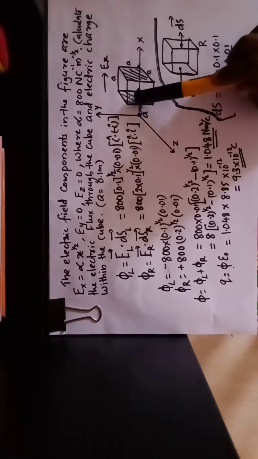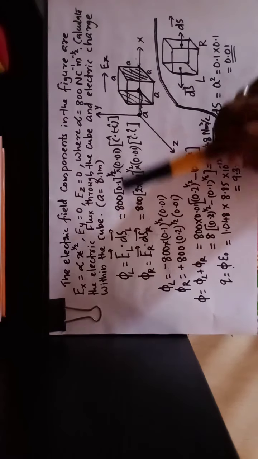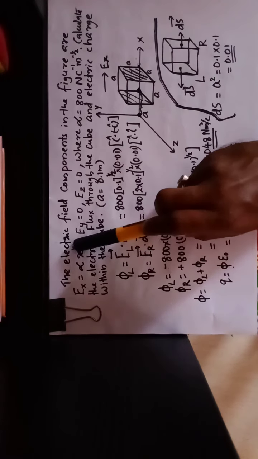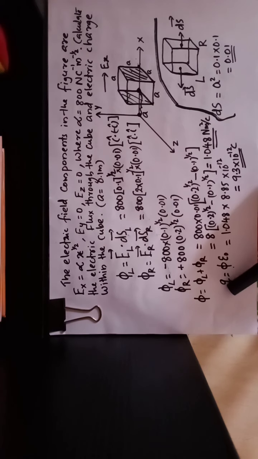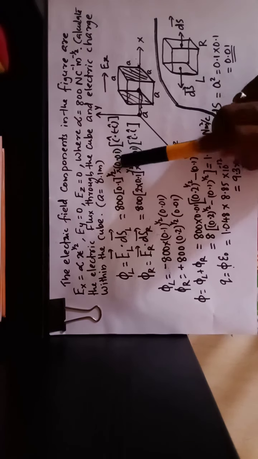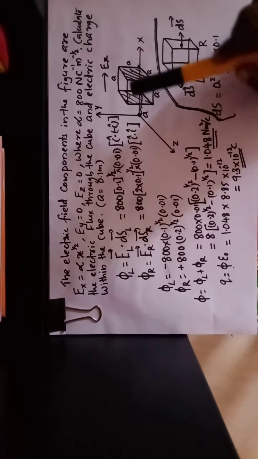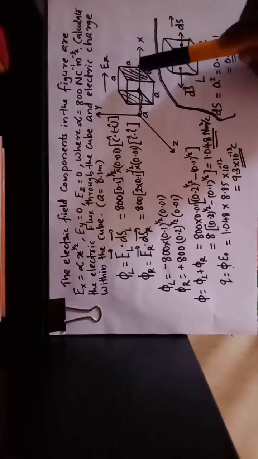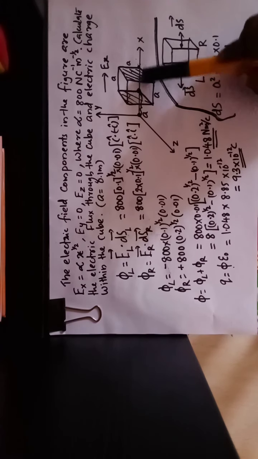What about this face? This face is at a distance a from the origin, so electric field also varies. Electric field will have the value alpha a raised to 1 by 2. So this is alpha, a is 0.1, raised to 1 by 2. Okay, this is the area vector, the surface area of one of the faces. Now for the second surface, the right surface at a distance a, then one more a we need to add.